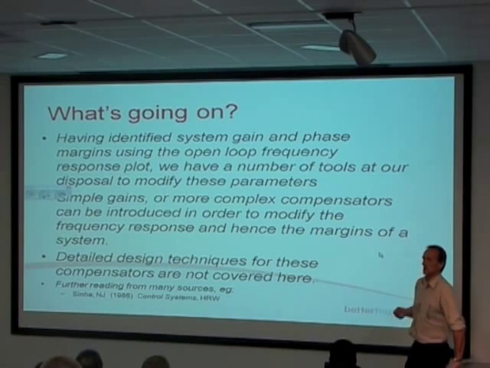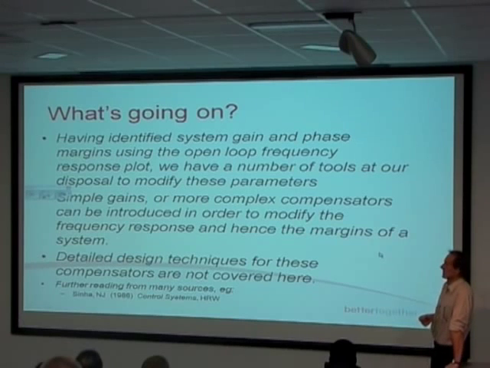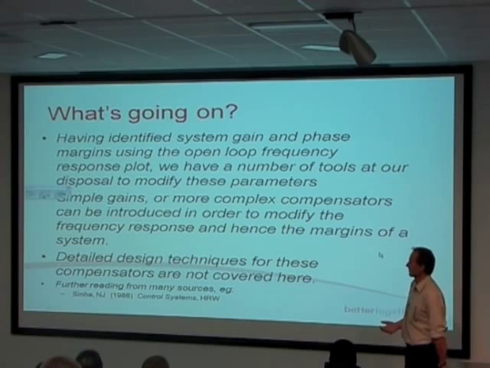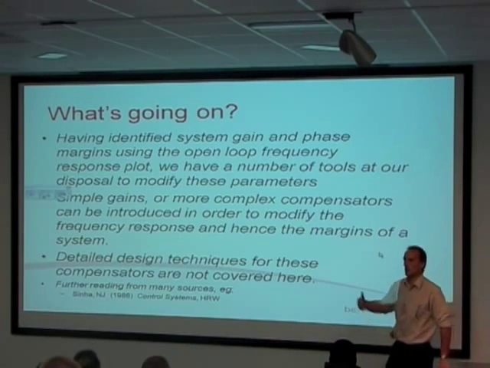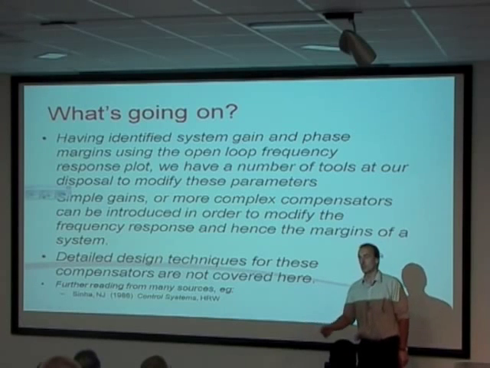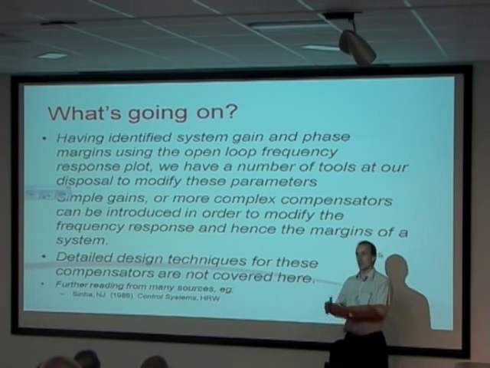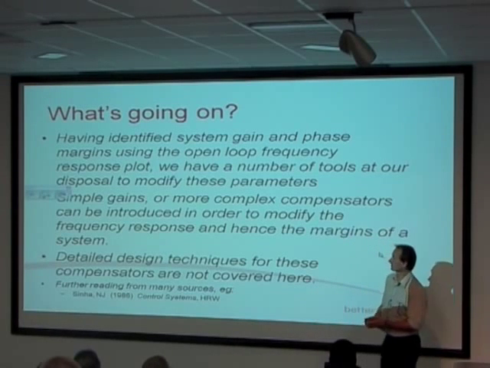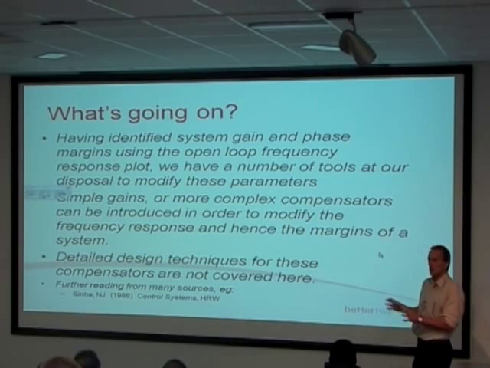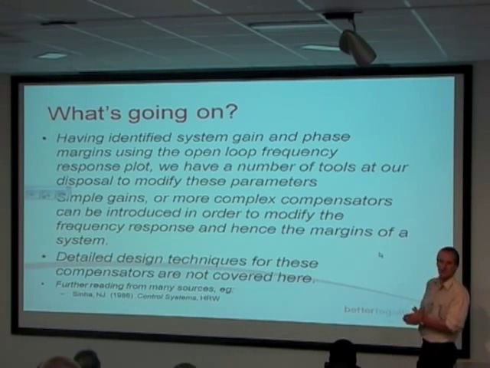We can use that to modify the gain and phase margins. As a very broad statement, typically if you increase the gain, you'll reduce the margins. That's how it works normally. So typically you increase the gain, your systems become more oscillatory. Depending on the system, if you increase it enough, you can push that system into instability. So there are some things you can do with gain, but it's limited really.